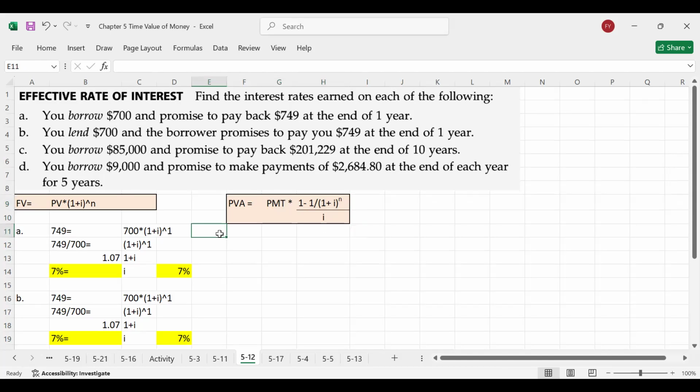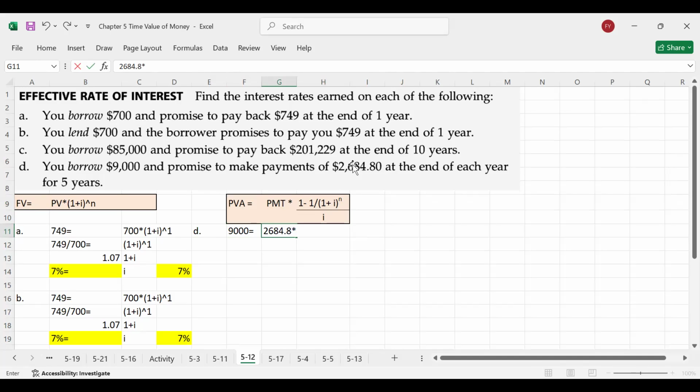Here it is, part D. So present value, how much do we have? 9,000. So we have 9,000 on this side, whereas PMT means multiple payments, the same payment each year, which is 2684.8.